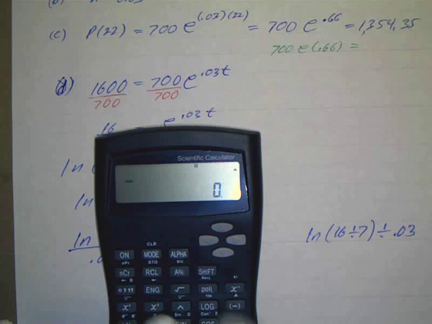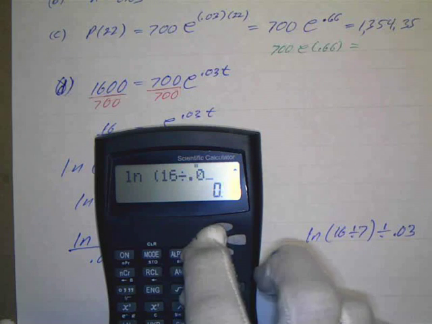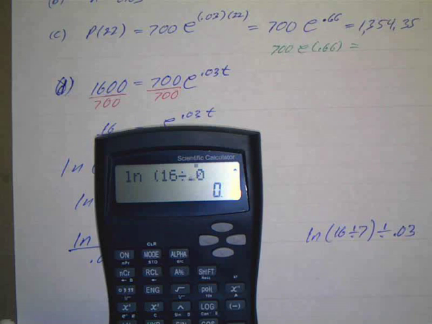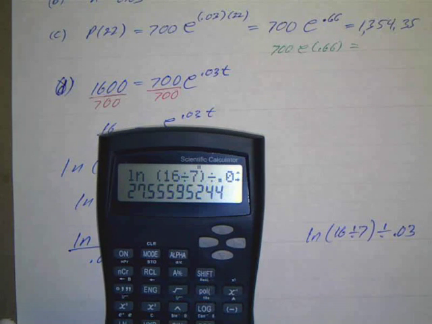And then we have ln, parentheses for the fraction, 16 divided by 7, parentheses, and then I'll divide that by 0.03, and we get 27.55 days.